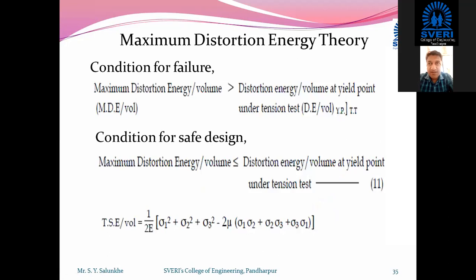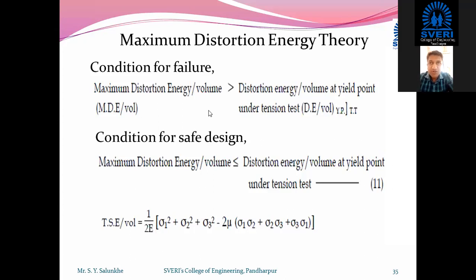Now, the strain energy which we have already calculated, we are going to call the distortion energy. That is when the material breaks, or when the material changes its shape. Distortion means, in case of ductile material, when the material changes its shape, we call it distortion. And when it breaks in case of brittle material, we also call it distortion.